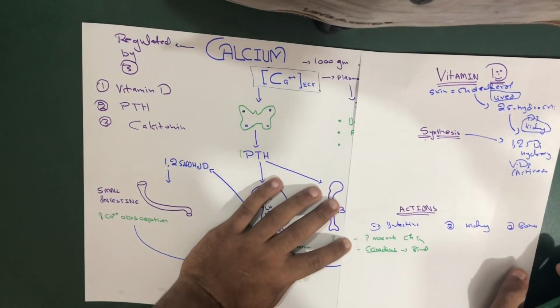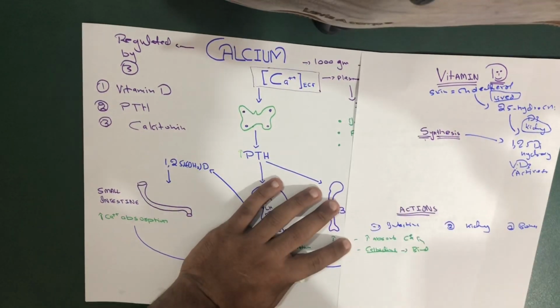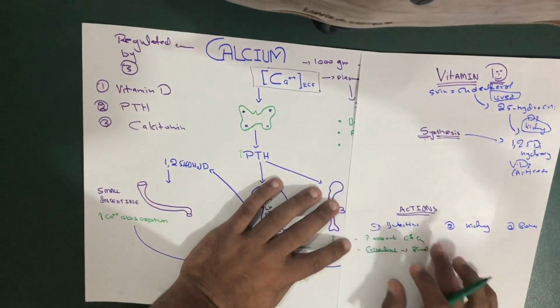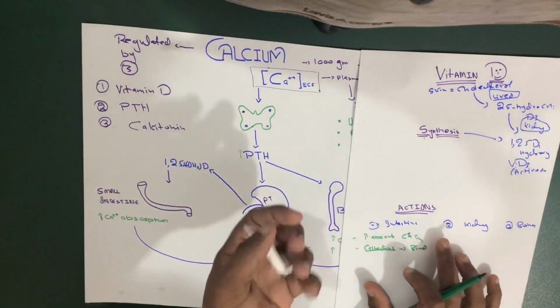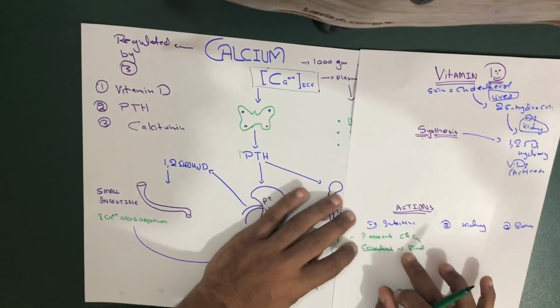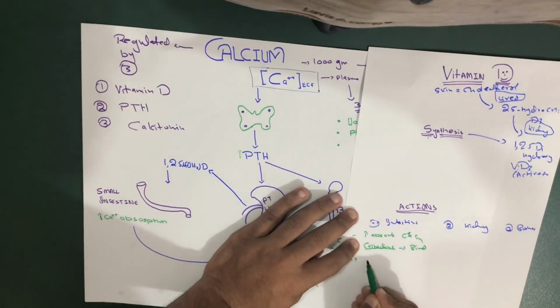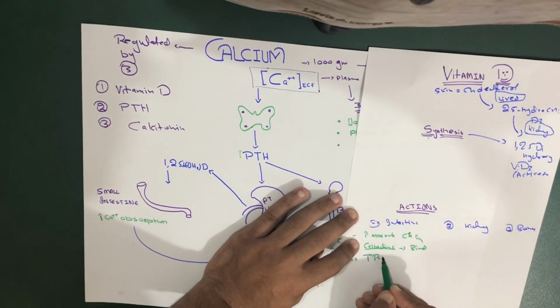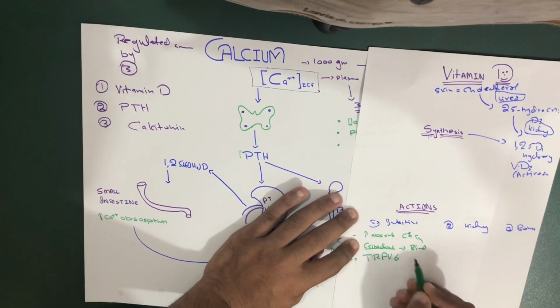small intestine. One thing more it does is that it increases the formation of calcium ATPase molecules that are needed to pump calcium into the intestinal cells. And the third thing it does in the small intestine, it increases the formation of TRPV6 molecules. So what are these?